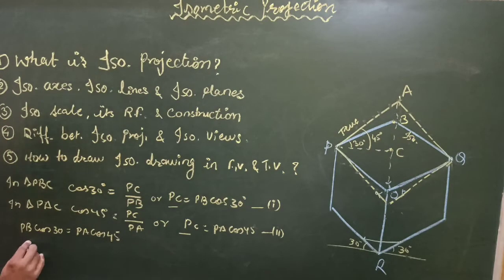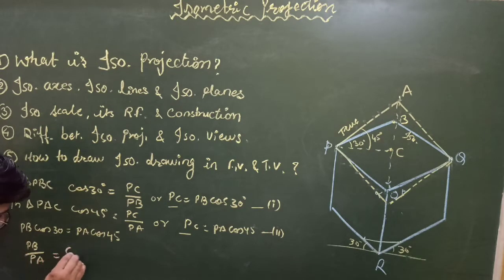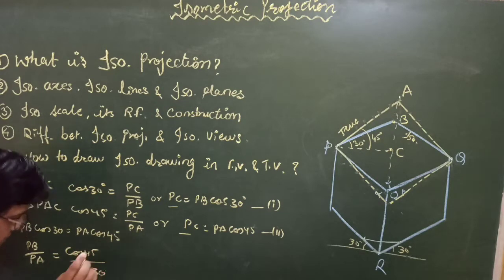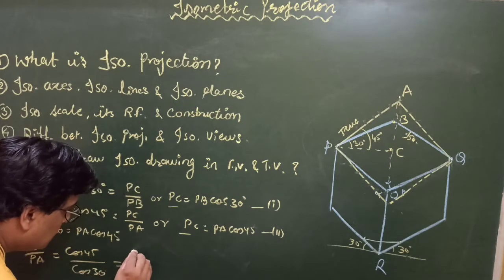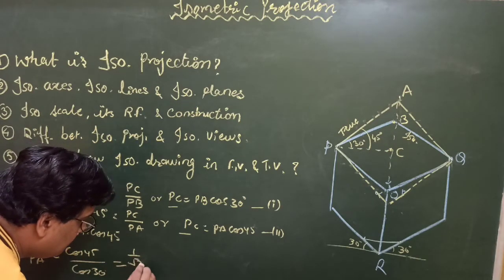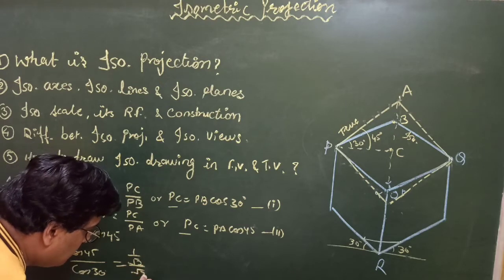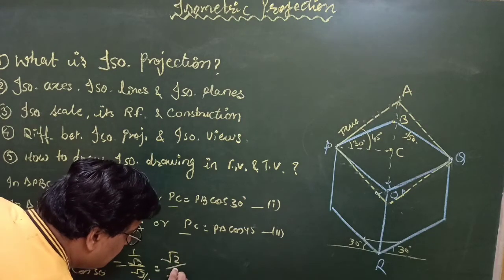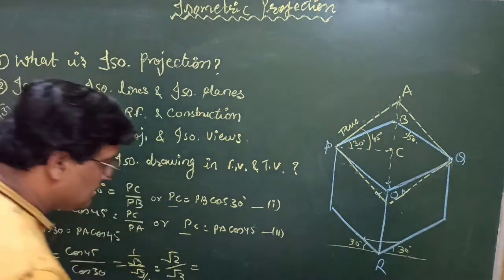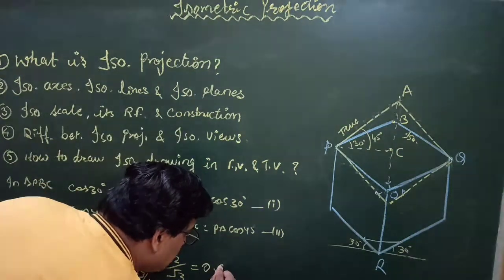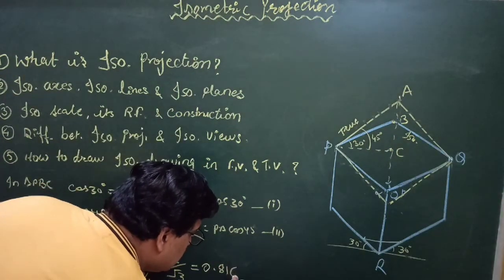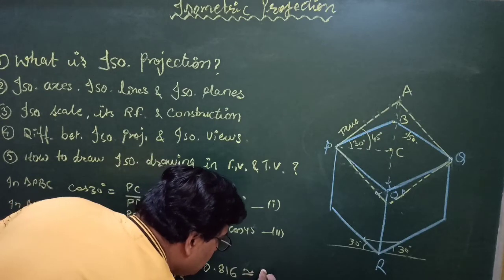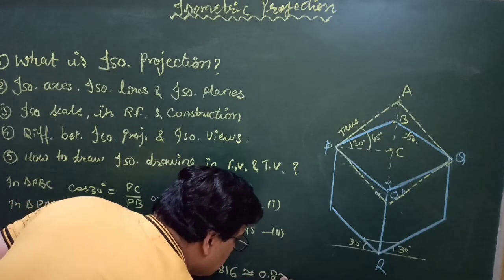Or we can write here PB upon PA is equal to cos 45 divided by cos 30, which is equal to 1 by root 2 divided by root 3 by 2, or this is equal to root 2 by root 3, which is equal to 0.816, nearly equal to 0.82.